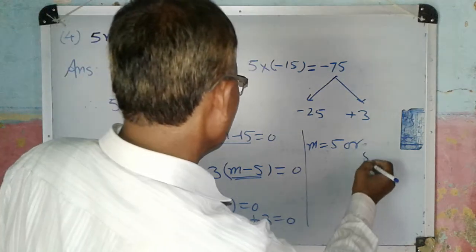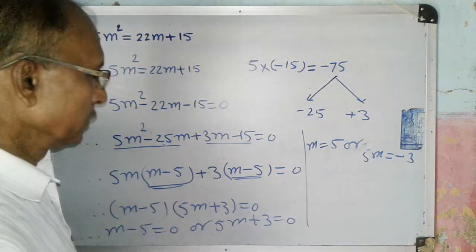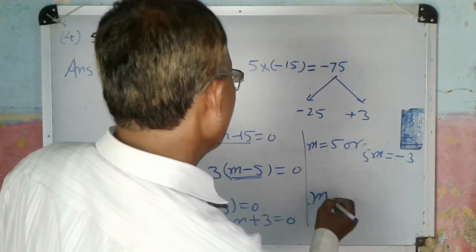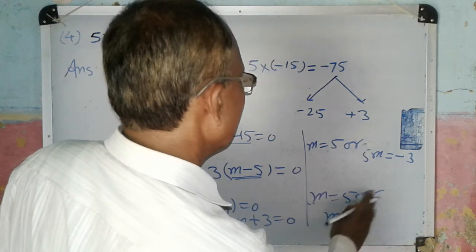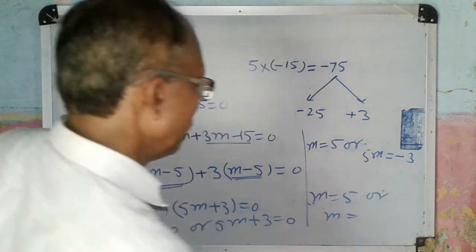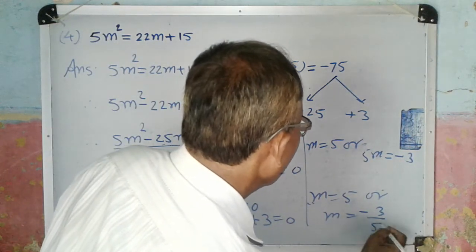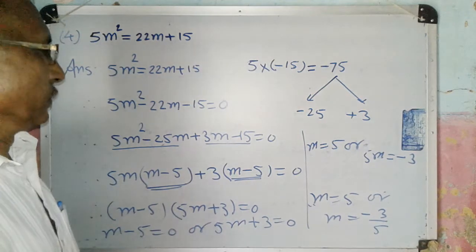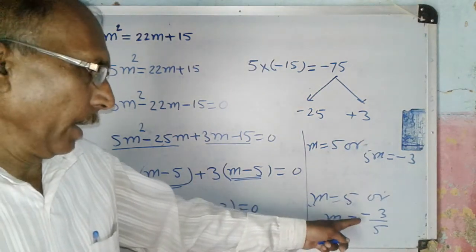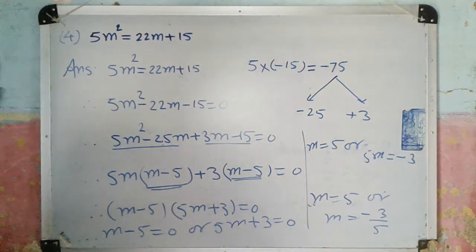That means 5m is equal to minus 3. That means here m is equal to 5, or from this equation m is equal to minus 3 upon 5. So these are the two roots. Therefore the roots are 5 and minus 3 upon 5.